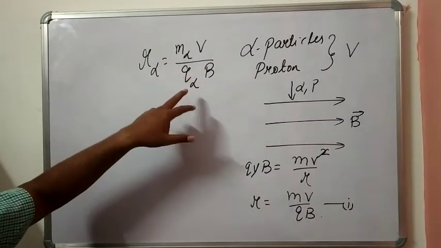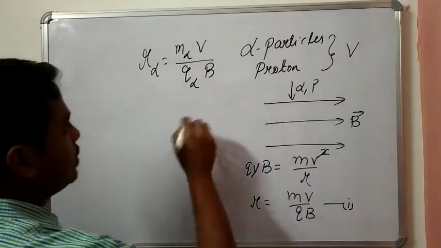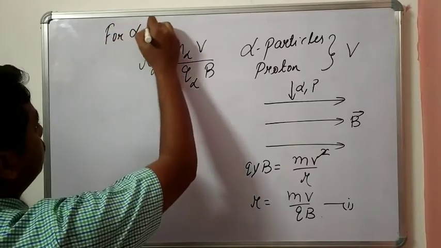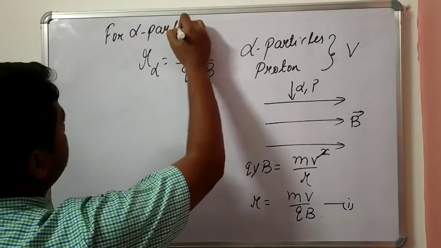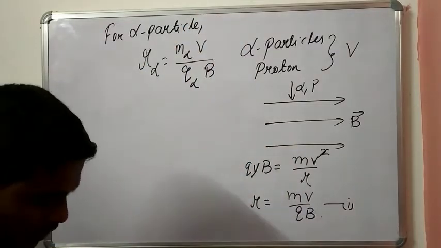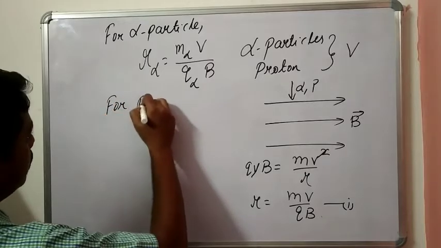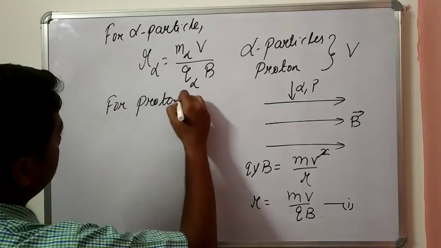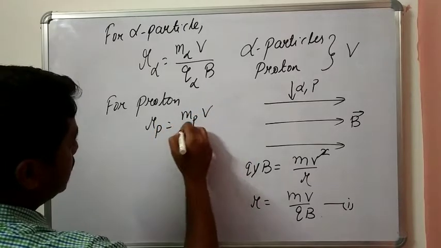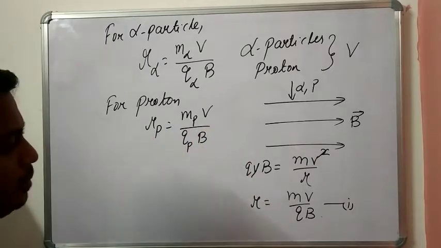So r alpha equals m alpha v by q alpha B. This is for the alpha particle. In the same way for the proton, the radius of the proton equals the mass of the proton into velocity divided by the charge of the proton into the magnetic field.